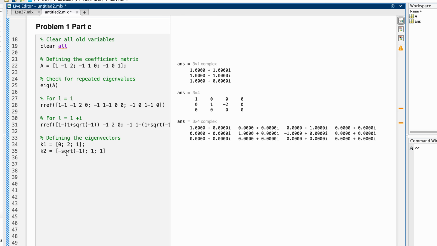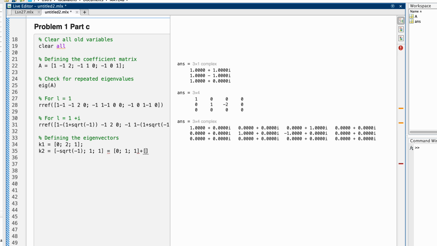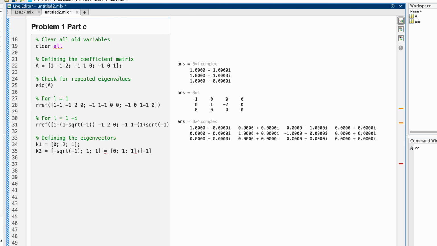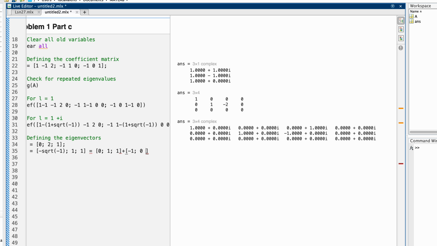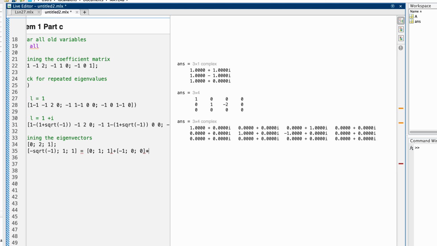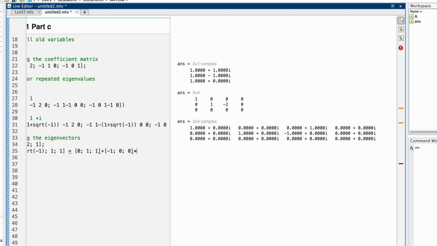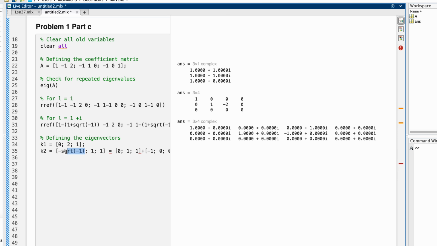Well, because we can use this, we can look at the real part and the imaginary part. This is the imaginary part, and these are the real parts. So we can rewrite this as, the real part is going to be 0, 1, 1, and the imaginary part is going to be negative 1, 0, and 0, all multiplied by that i, which is the square root, so I'll just write i, because we're not going to execute this.